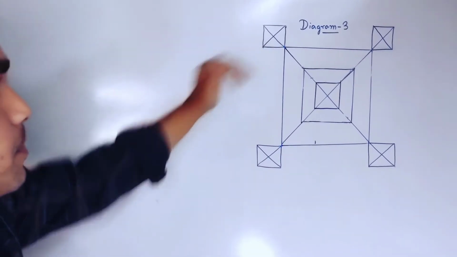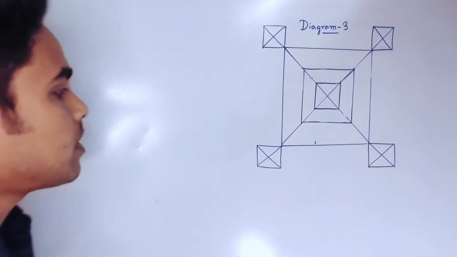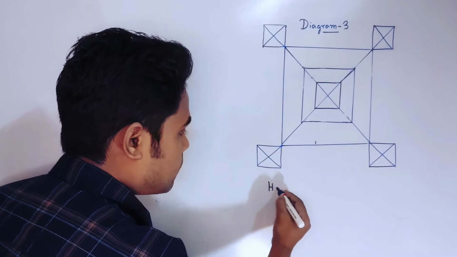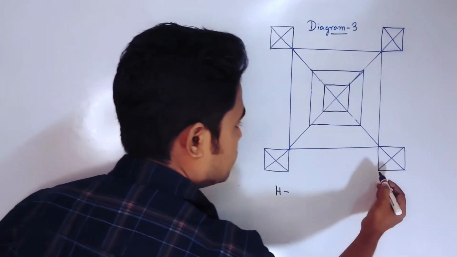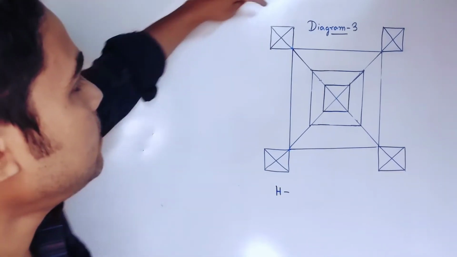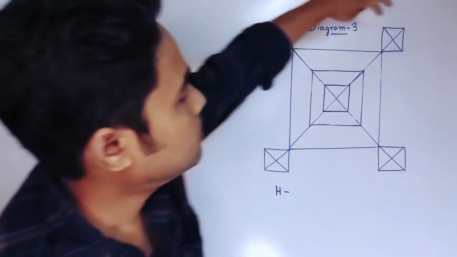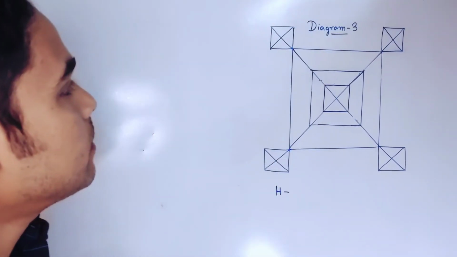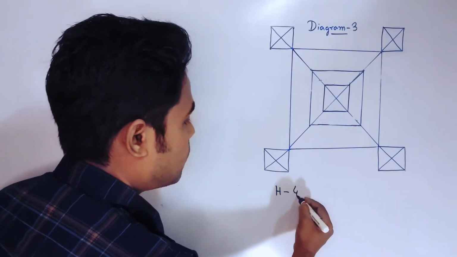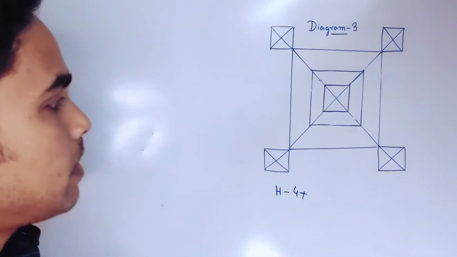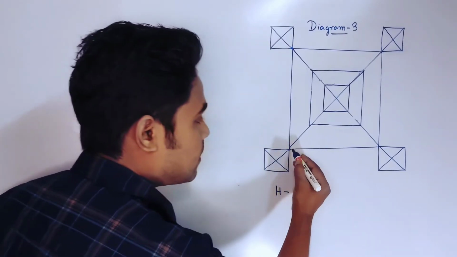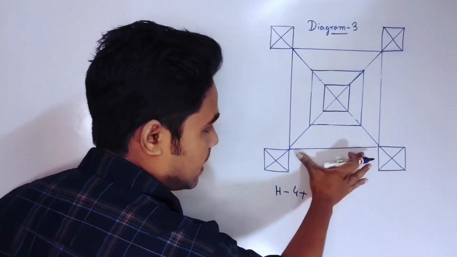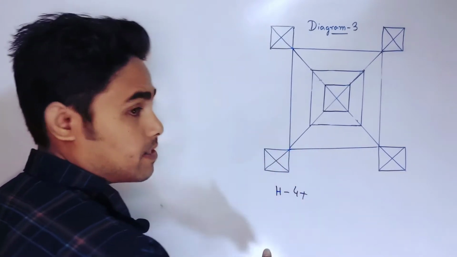Next diagram, diagram 3. Let us count first horizontal lines. So how many horizontal lines are there? 1, 2, then 3, then 4. Okay, so 4 plus. Here maximum students make a mistake. They count this portion as one straight line and this portion as another straight line.